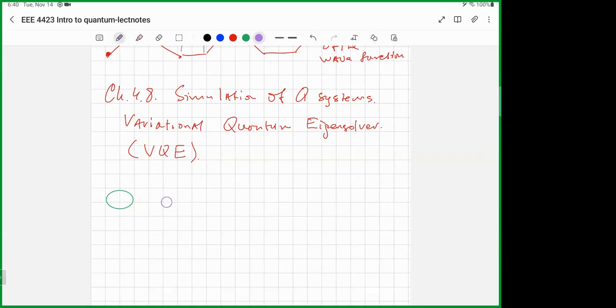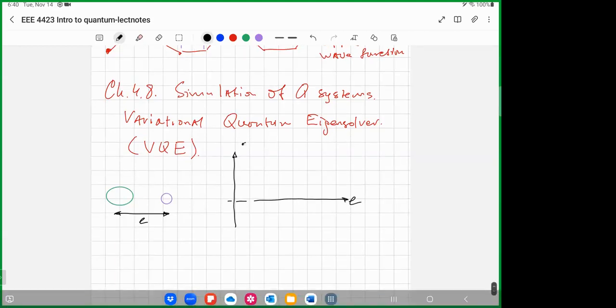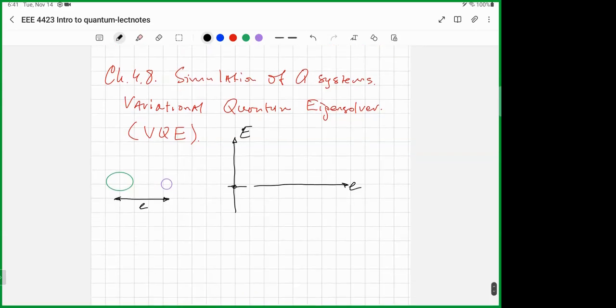Okay. And then, of course, if they interact in a way, or if they form a stable molecule from these two atoms or two other molecules, right? The energy of their interaction could look something like this. So this is the distance, this is the energy, and then if this state is bound, then the energy profile as a function of distance would look like this, right?